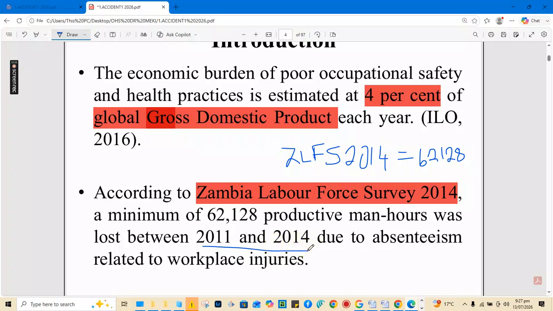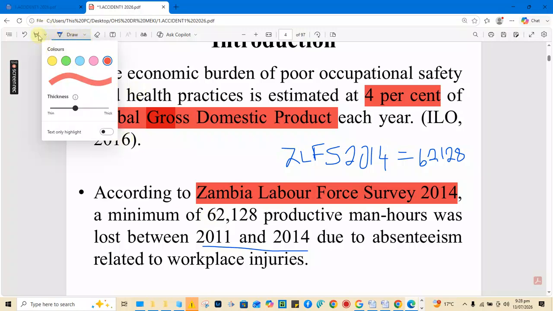This is how bad accidents are. Imagine, between 2011 and 2014, that's only 3 years. In 3 years, how many productive man hours were lost? 62,128. So this is something to take note of.